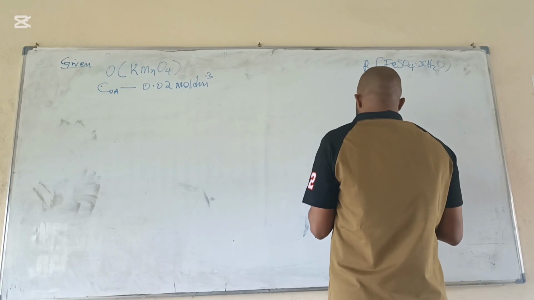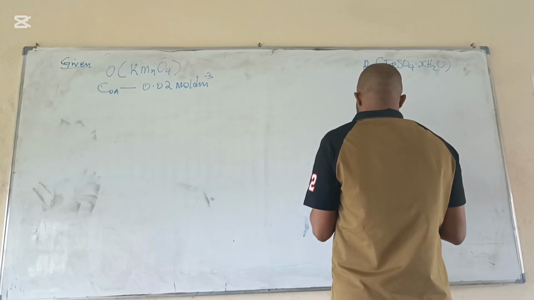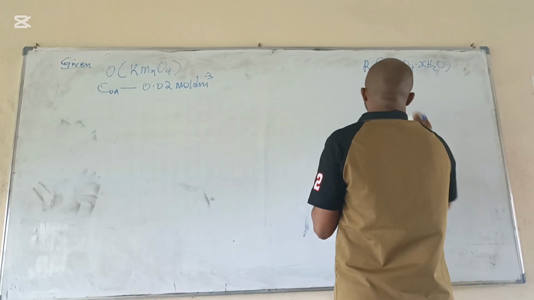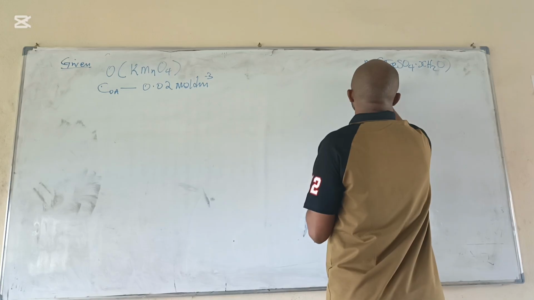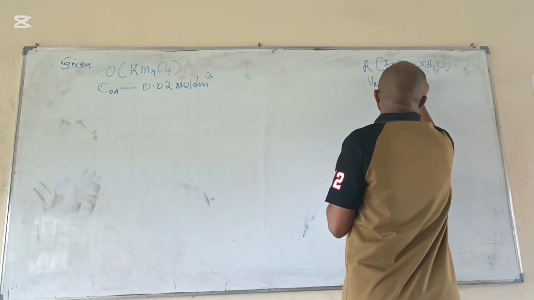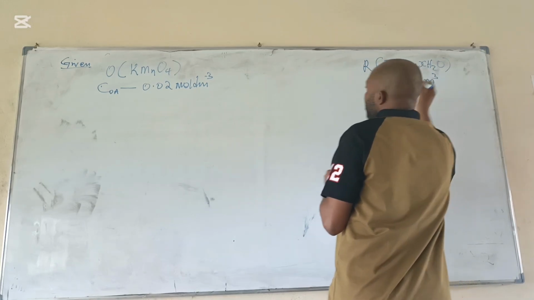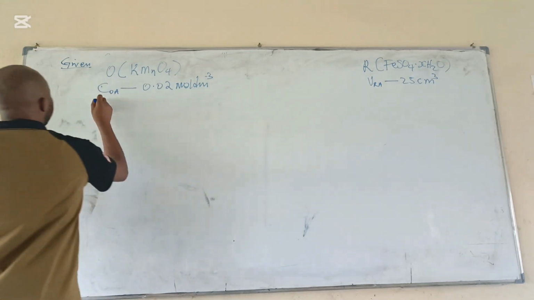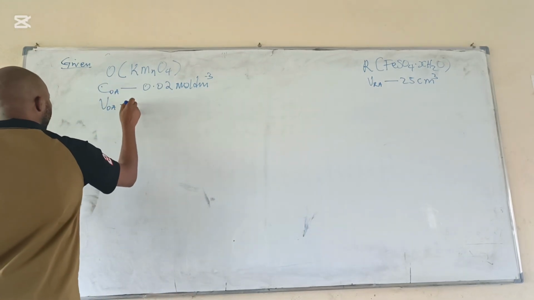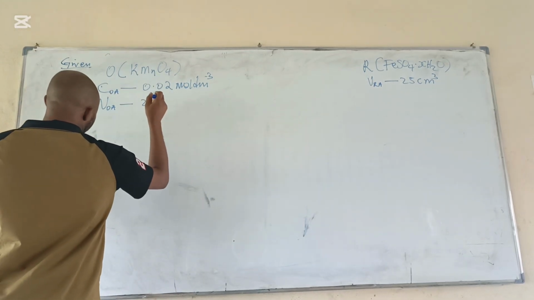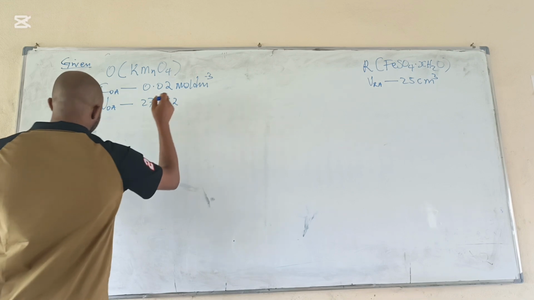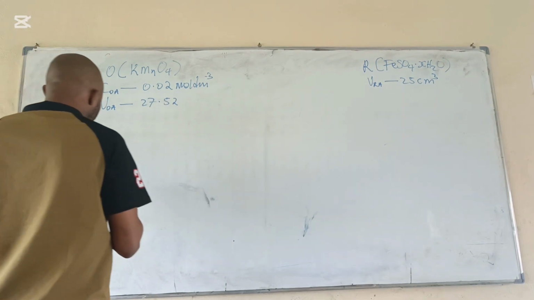27.52 of this and 25 of the reducing agent. The volume of the reducing agent is 25 cm³, while the volume of the oxidizing agent is 25.60 cm³. Oh, the 27.52 is not a volume.